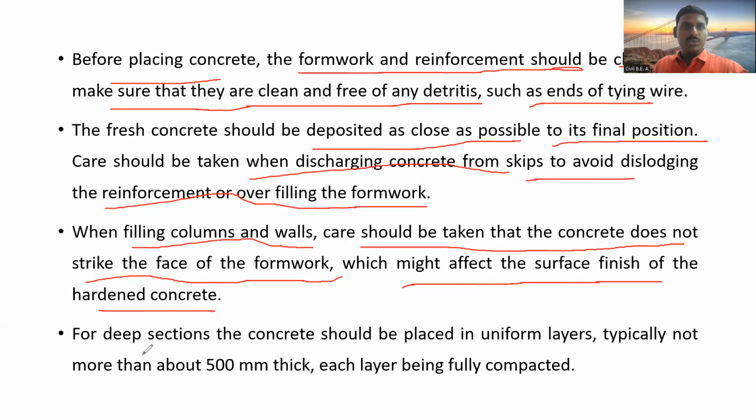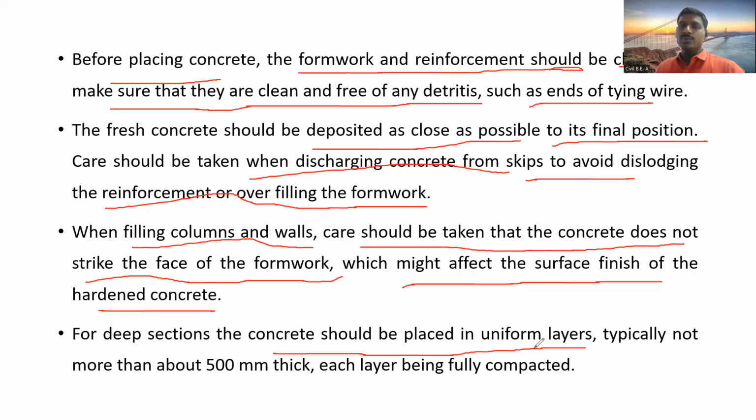The next point related to placing of concrete is that for a deep section, the concrete should be placed in uniform layers. As I told, we are depositing the concrete into the column, generally for a 7 feet height. So for this 7 feet height, we are placing the concrete from a height.